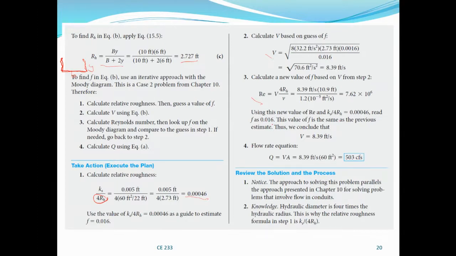So f is 0.016, which is the same as the previous one that we assumed. So this is our correct value of f, and this is the correct value of the velocity in that case. Okay, and then we can simply find the flow rate. So we use an iterative procedure to find f, okay, most of the time if it is not given.